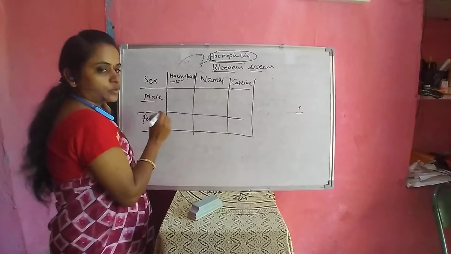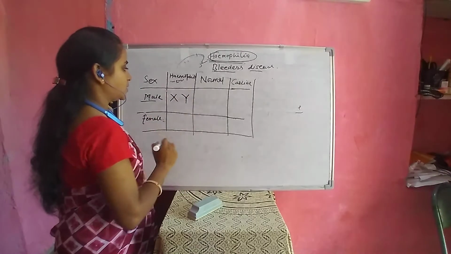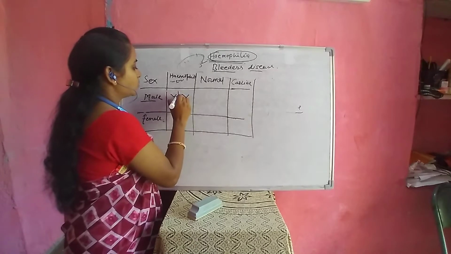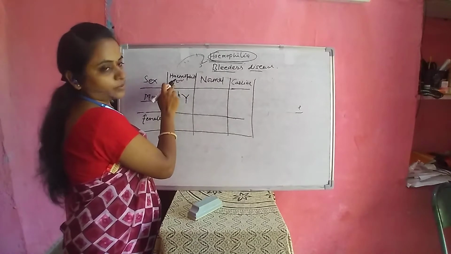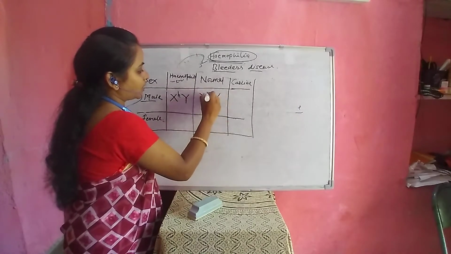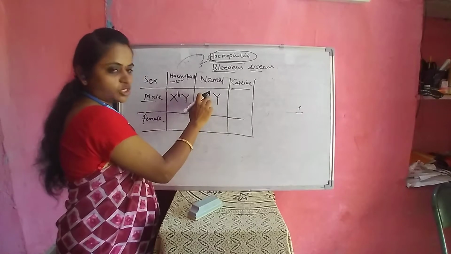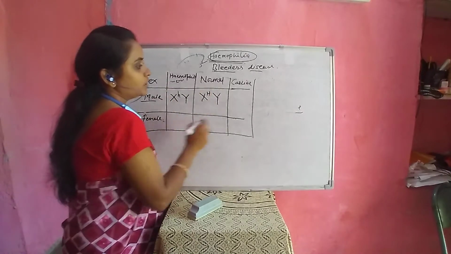For the male, we know that the X and Y chromosomes are present, and when the small h, meaning the recessive gene, is present on the X chromosome, the person will be hemophilic. For the normal male, on the X and Y, the capital H or dominant gene is present on the X chromosome, and the person will be normal.